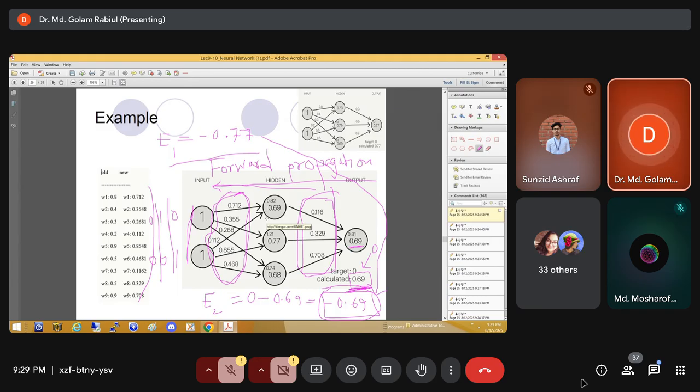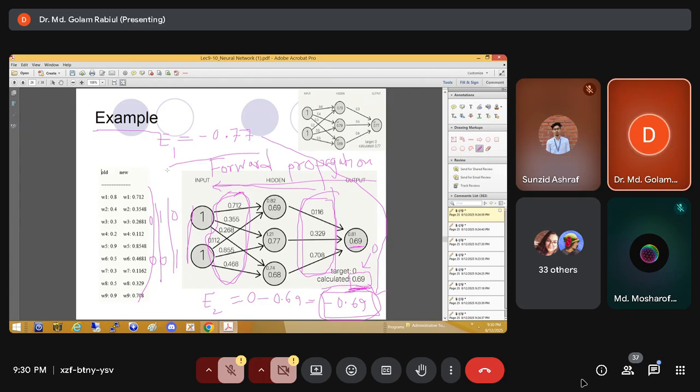This is how the weights will be updated in neural networks. Finally, when for all the cases, for 1, 1, for 0, 1, for 1, 0, and 0, 0, it correctly produces the output 0 and 1, then we stop the learning there. In that case, we can say training is completed.